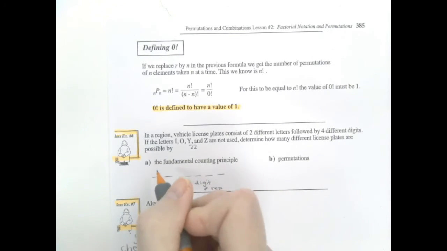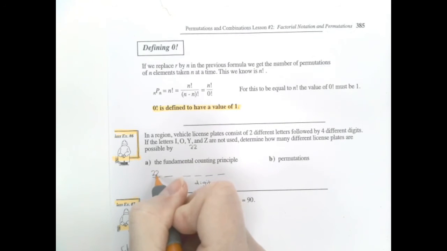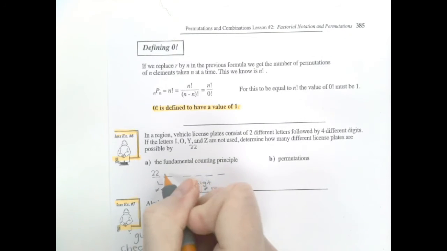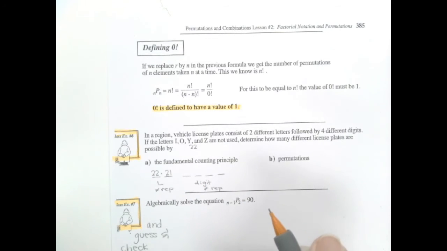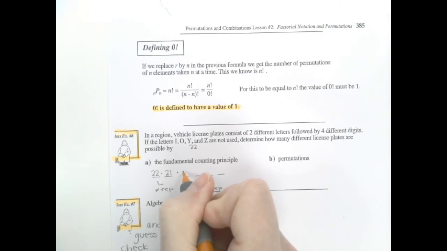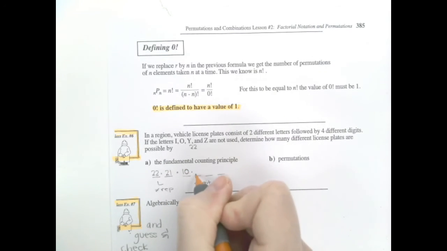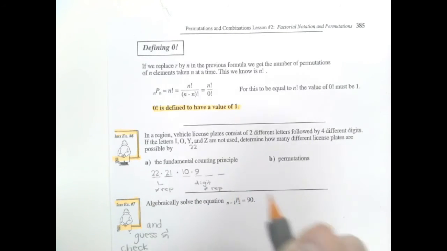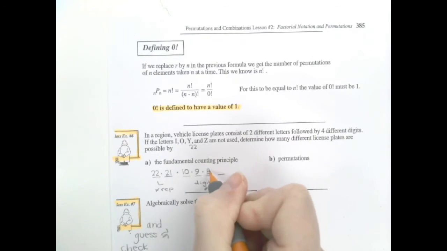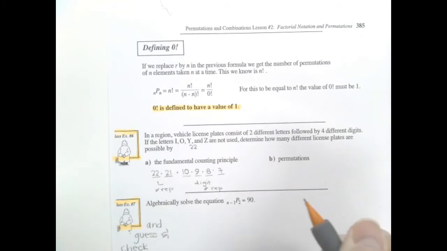Okay, so I've got 22 letter choices for the first one. I can't repeat whatever I chose, so I've only got 21 left. Then I need 4 digits, so my first digit, I've got 0 to 9, so 10 choices. I can't reuse, so I've only got 9 choices left. 8 choices, 7 choices.